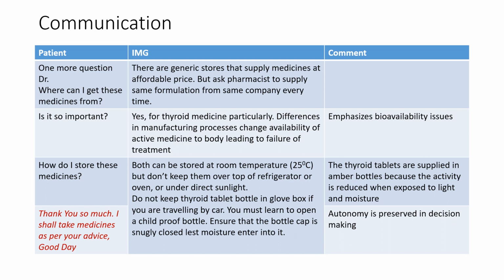Do not keep thyroid tablet bottles in the glove box if you are traveling. You must learn to open a child-proof bottle. Ensure that the bottle cap is snugly closed lest moisture enters. Thyroid tablets are supplied in amber bottles because the activity is reduced when exposed to light and moisture.